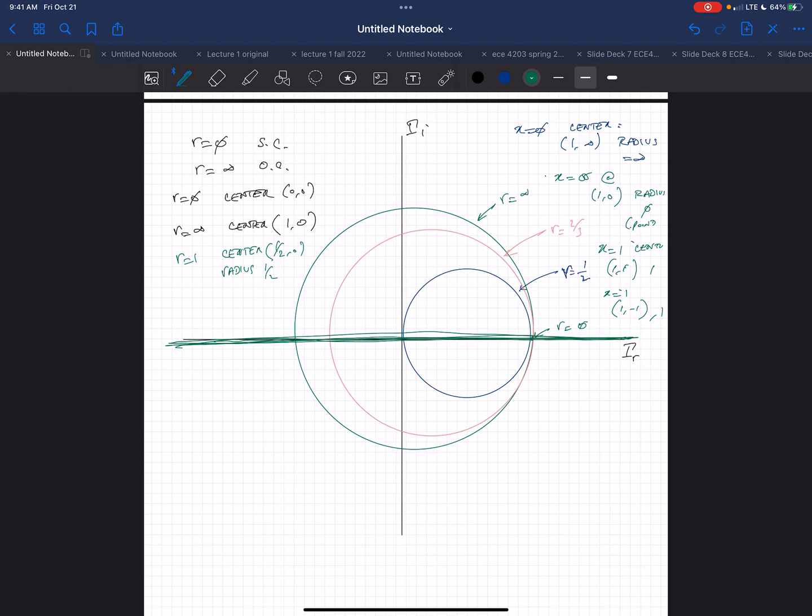If I draw this guy, its center is going to be somewhere here, I guess, right? So imagine if I just draw part of it. Its radius is going to be like that.